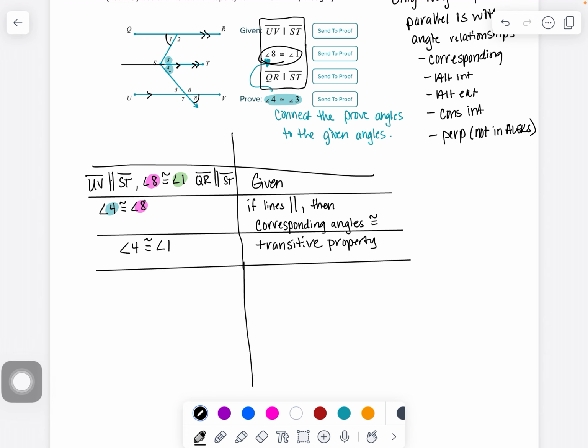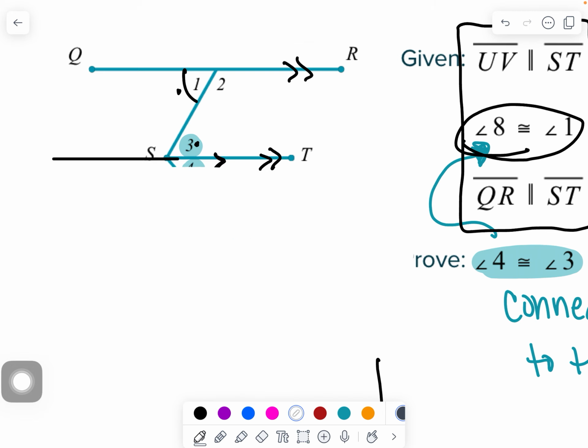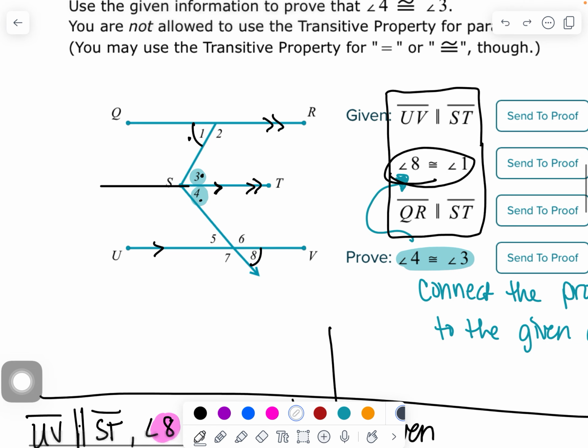Now what am I going to do? Okay, I'm going to link in 3. So angle 3 is going to be congruent to angle 1 up here because they are alternate interiors. If you kind of picture it, 2 lines, they're alternate interiors.